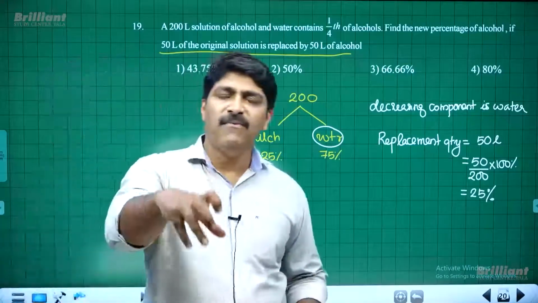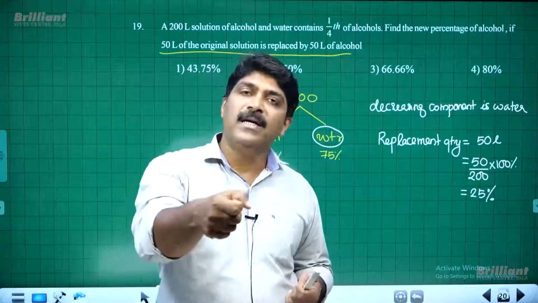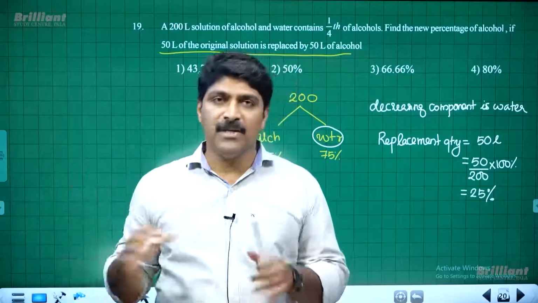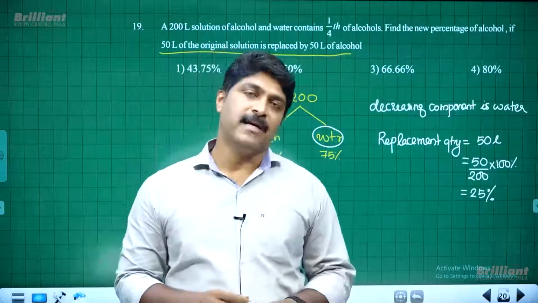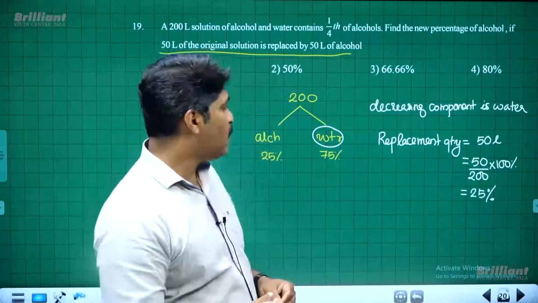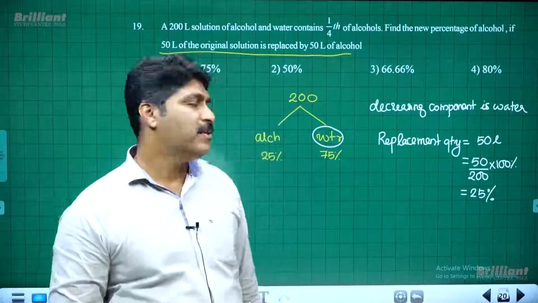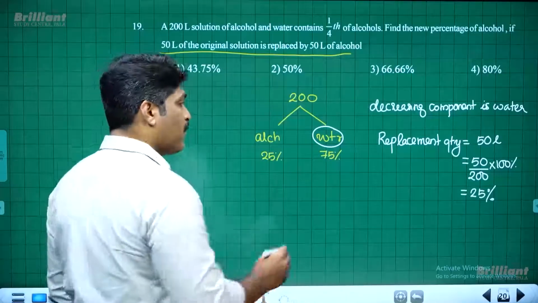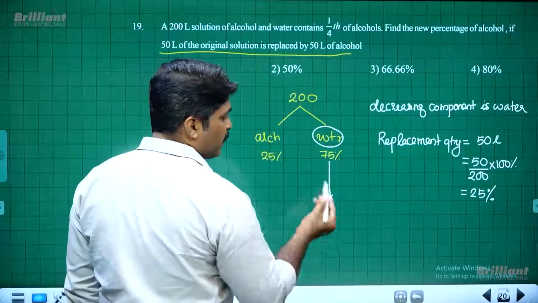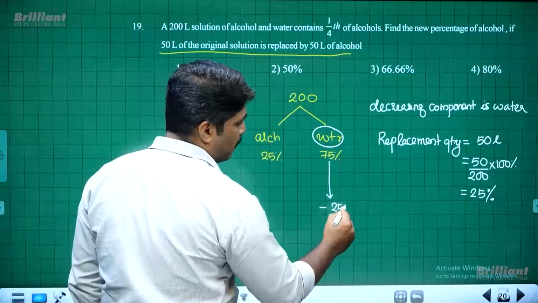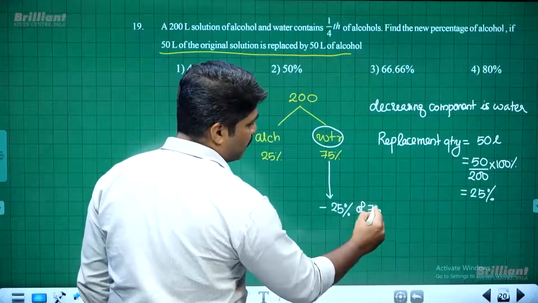That means in a single replacement, one time we removed 25% of the total solution and replaced it with alcohol. So focus on the diminishing component. There is a decrease of 25% that will occur. So it's decreased by 25%, which we can write as 25% of 75%.